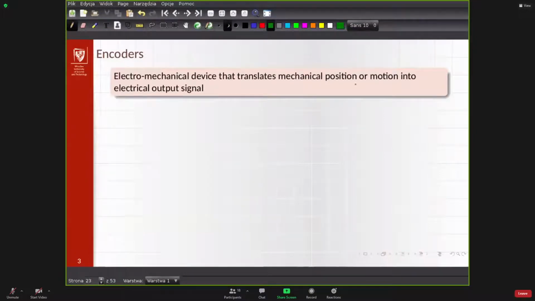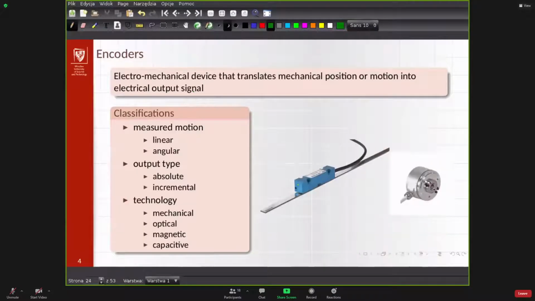So firstly, when we talk about encoders, those are the sensors that transform the mechanical position or motion to an electrical signal. And what types of encoders can we have? We can measure motion that is either linear or angular.